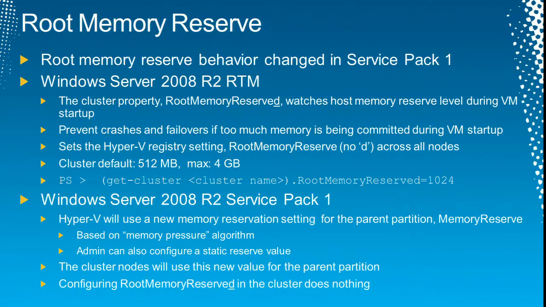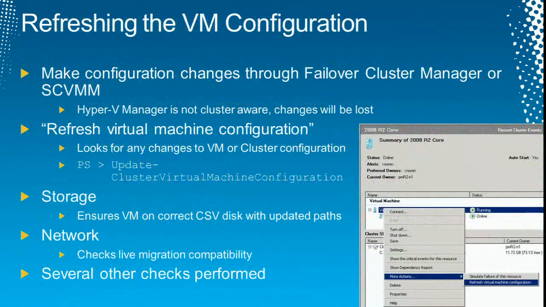So for each gigabyte of RAM in the box, we'll reserve more memory for the host. By default, it's dynamic, and we'll take care of it. We reserve 384 megs plus 30 megs for each gig of RAM in the box. If for any reason you find that's not enough, there's a registry key where you can modify that and make it bigger. My recommendation is it should be fine, and you shouldn't need to change it. But if you wanted to, you can.